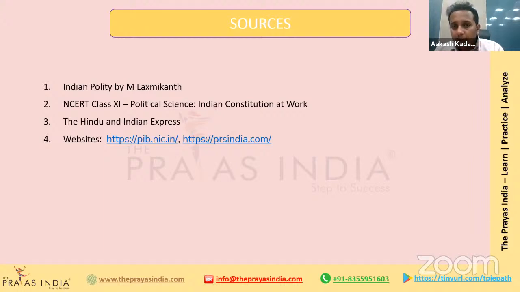Okay. Apart from this, the standard reference book that you have to follow is Indian Polity by M. Laxmikanth. There are multiple reference books present in the market, but this is the best one because the language in this particular book is very, very simple. It is not written anywhere in legal terms, which would be difficult for you to understand.